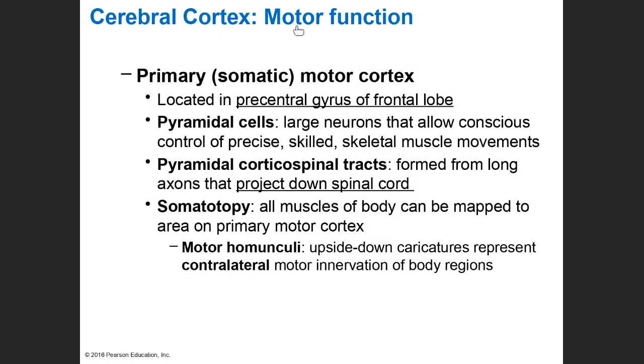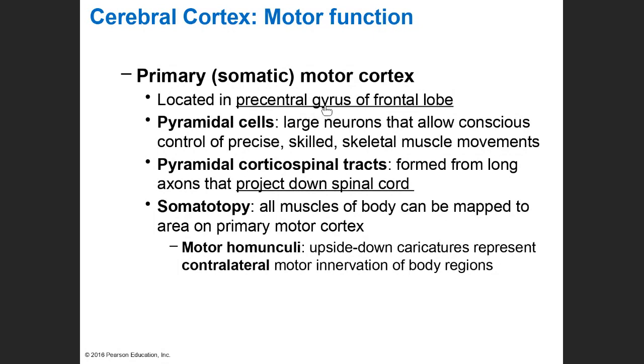So in the cortex for motor function, a little more detail about this. We have what's known as the primary motor cortex, or you can call it the somatic motor cortex. Most people call it the primary motor cortex. And this really is inside of another region we already talked about, and that is the precentral gyrus.